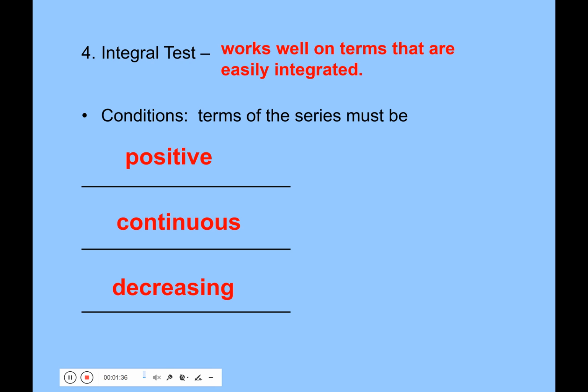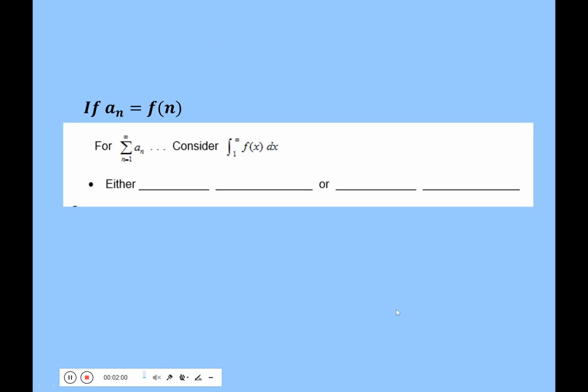And then it has to be decreasing, which hopefully makes sense because if the function's decreasing, that means the terms are getting smaller and smaller. So the values that you're adding, right, because a series means you're adding terms, hopefully are getting closer and closer to 0. The question is, are they getting closer to 0 fast enough? Okay, so those are the conditions.